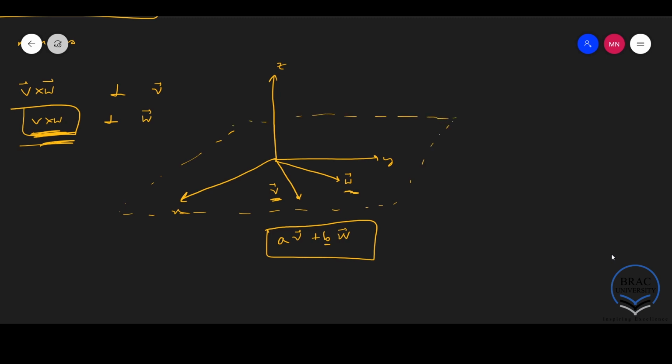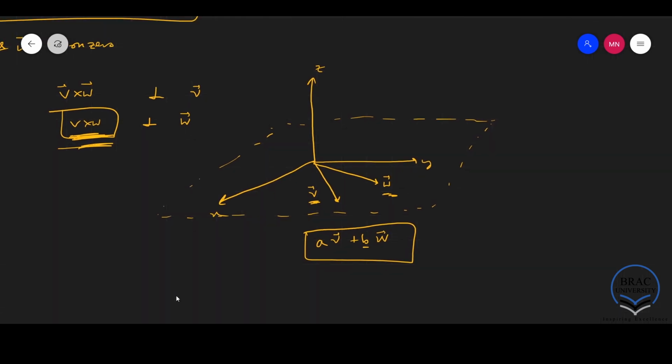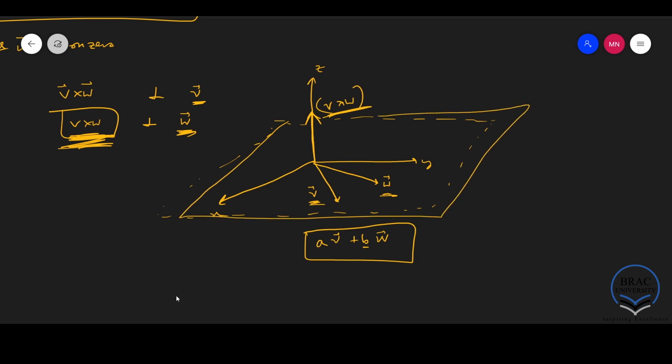We will just have an xy plane in this case, and since the vector v cross w is orthogonal to v and w, meaning that this vector is at 90 degrees to both of these vectors, considering that these are all non-zero vectors, then a vector in this direction, let's say this is v cross w, will be orthogonal to v and w, right? But if this vector is v cross w in the z direction, then this is also orthogonal to this entire plane, and we know that this entire plane is generated by this linear combination of v and w.